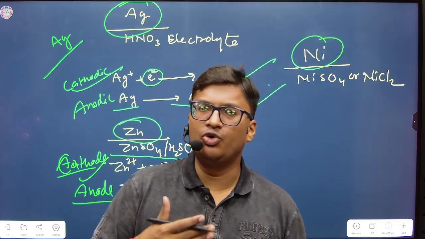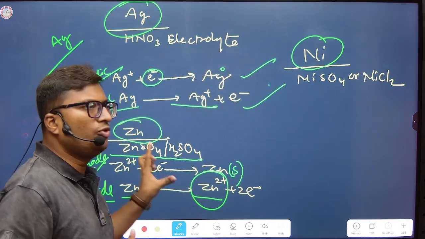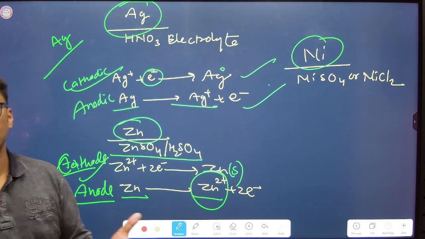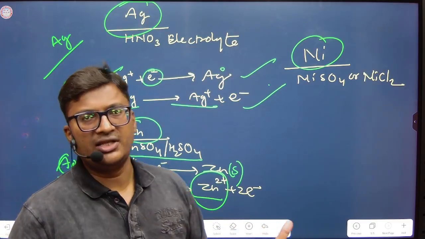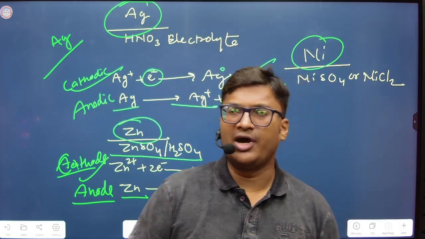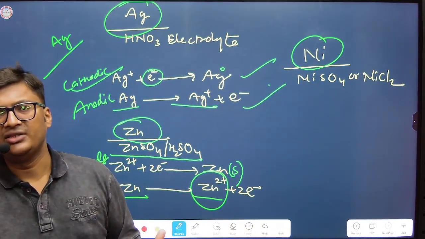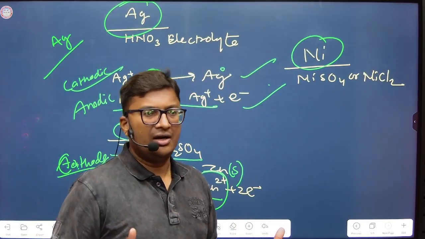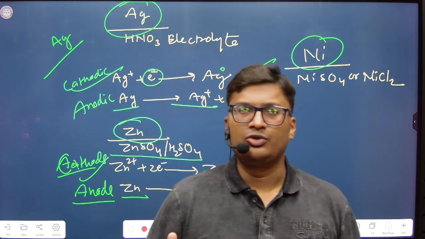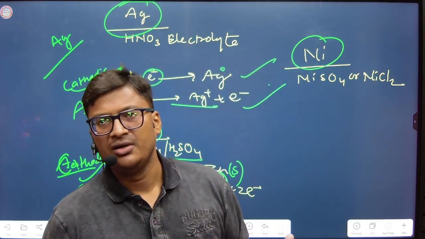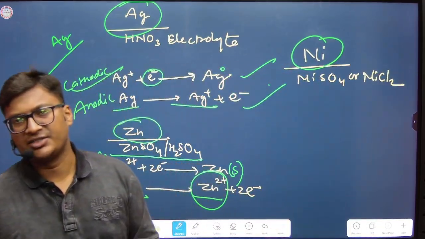These two applications, electroplating and electrorefining, are most important in electrochemistry, and they must be understood through proper selection of the metal and electrolytes, right?